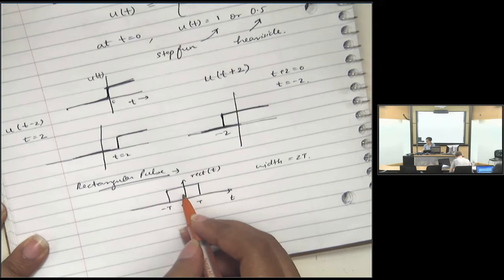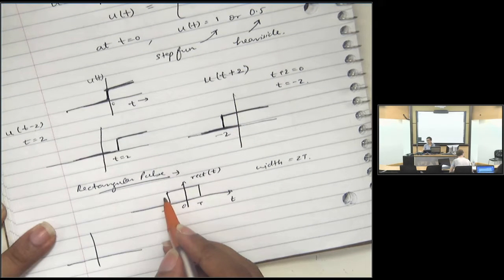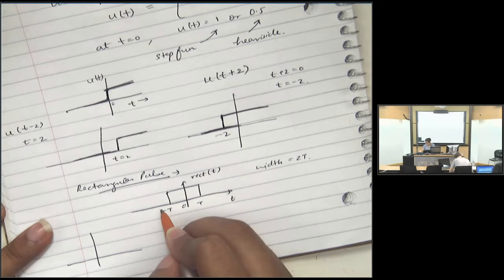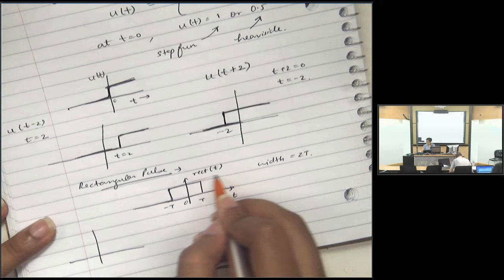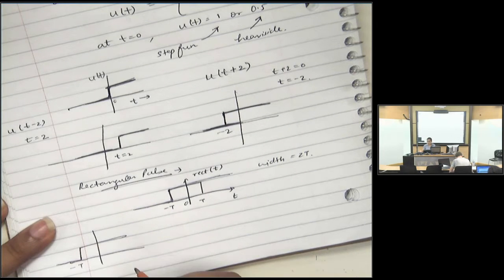Now, our rect pulse can also be defined as a difference of two unit step functions. So let's see how you can define that. This first edge that you can see here, you can look at it as a unit step function. So this is like a unit step function centered at minus t.